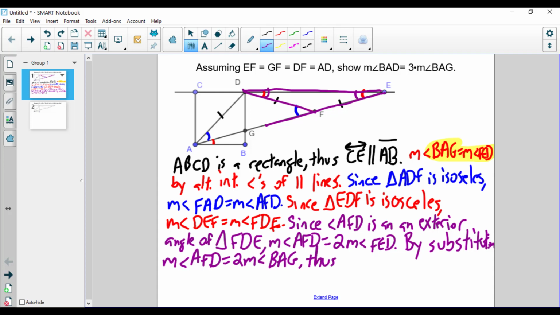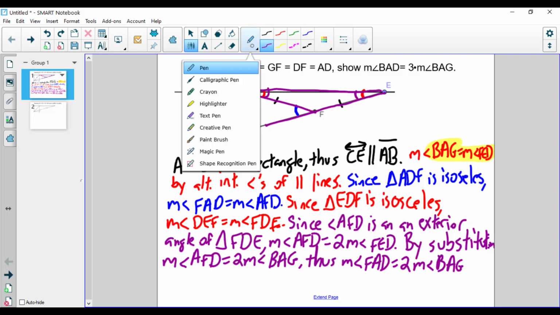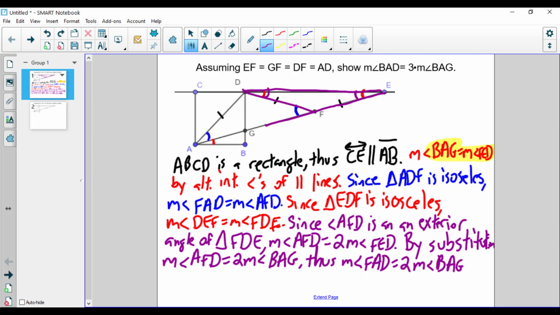Thus, also using substitution, I can say that the measure of angle FAD is equal to 2 times the measure of angle BAG.